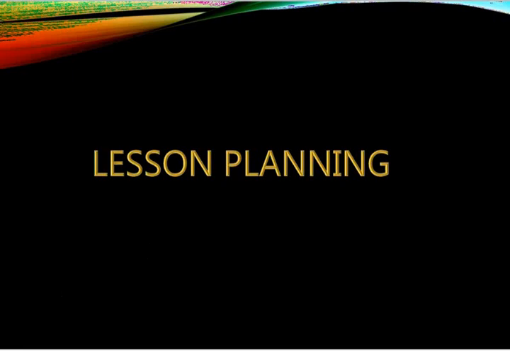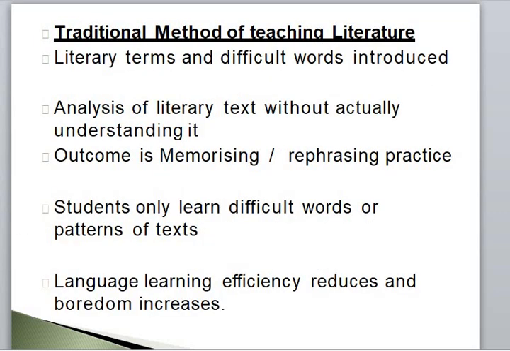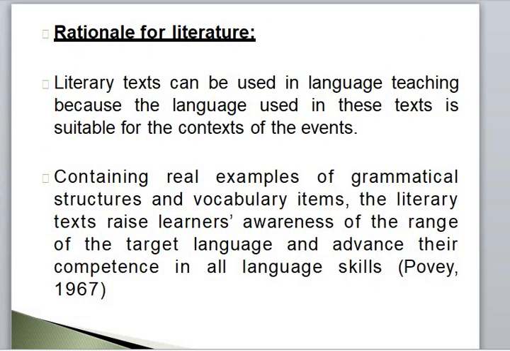And after lesson planning, you were taught how to teach language through literature, meaning teaching the English language through literature, in which you were taught the definition of literature, what literature is and how different methods can be employed for teaching English language skills to the students while choosing literature.